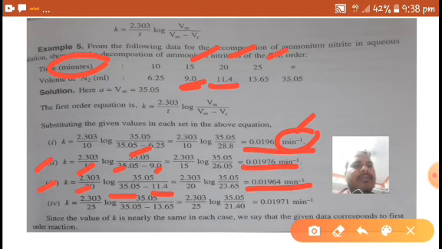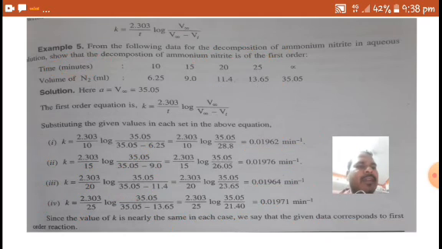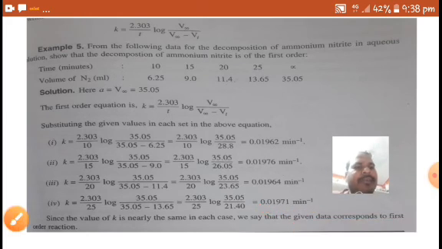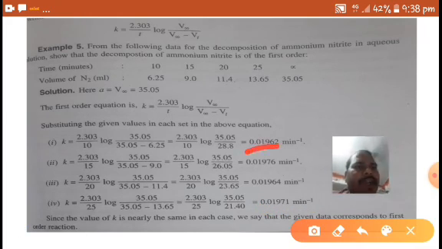I am taking the fourth one at 25 minutes. K is equal to 2.303 by 25 log 35.05 by 35.05 minus Vt, where Vt at time 25 is 13.65. By simplifying I am getting 0.01971 minute inverse.